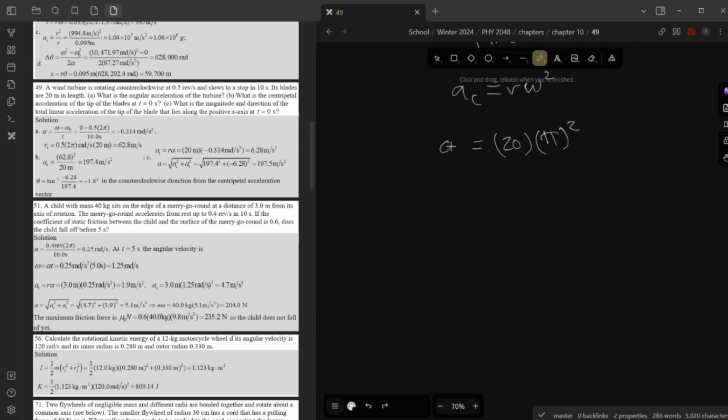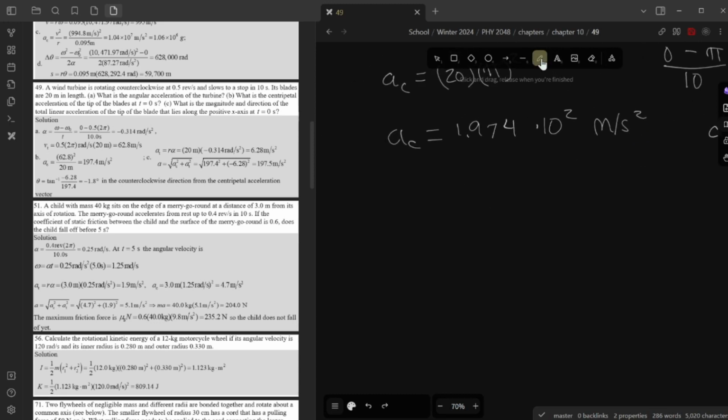So our centripetal acceleration, we put that in our calculator. Looks like it's going to be 1.97, I guess I'll add one more sig fig, 4 times 10 to the 2 meters per second squared.